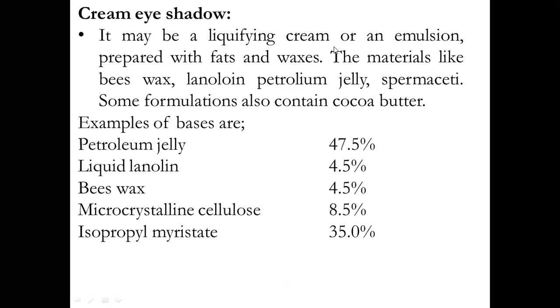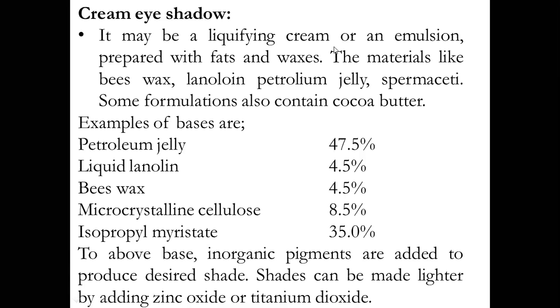These are some waxy components used in the cream type of eyeshadow formulation. To the above base, inorganic pigments are added to produce the desired shade. Shades can be made lighter by adding zinc oxide or titanium dioxide.